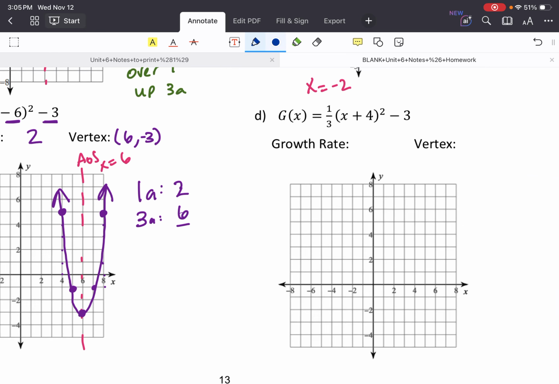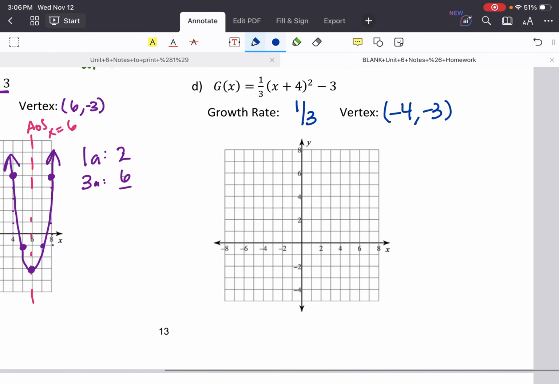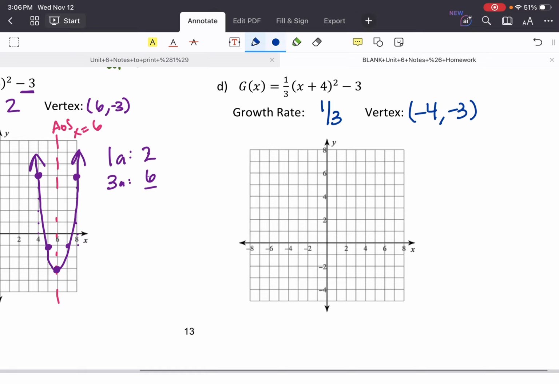Next, we have a growth rate of 1/3. Well, that'll be fun. My vertex, the x is the opposite, so -4. And I'm going to get the -3 on there this time. So -4, -3 is right here. All right, my 1a growth rate is 1/3. I don't know that that helps me.